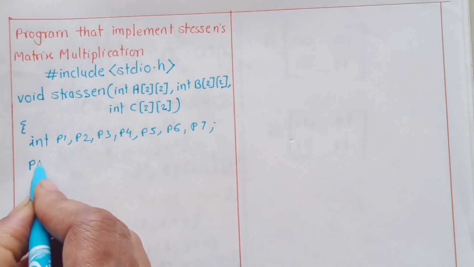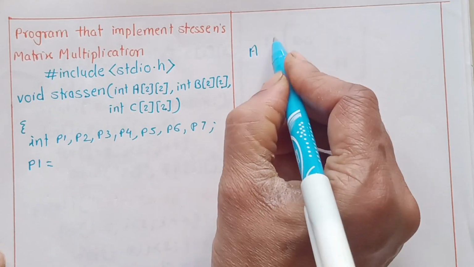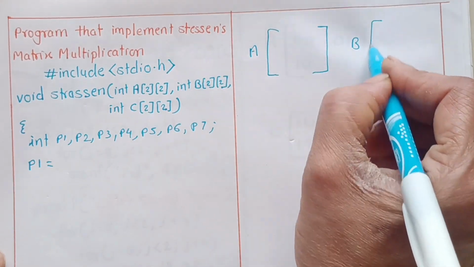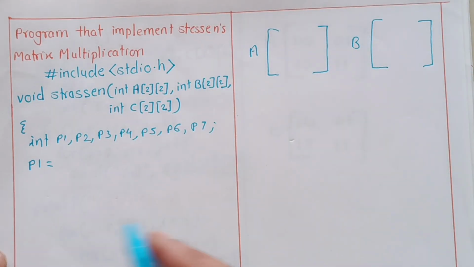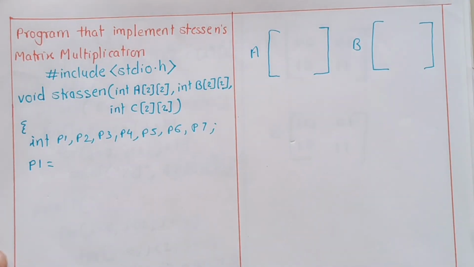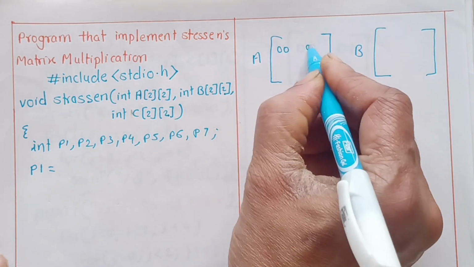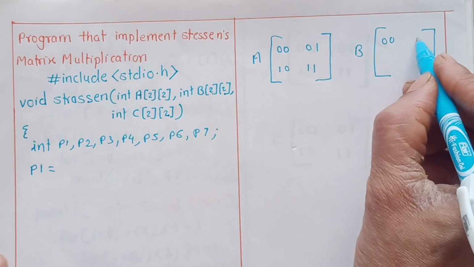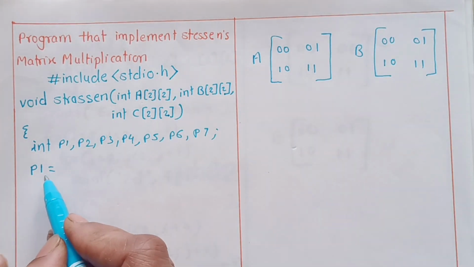So for P1 we are using one formula here. You can see this is the A matrix and this one is the B matrix. Okay. So this is A 0 0, 0 1, 1 0, 1 1. In the same way B matrix is 0 0, 0 1, 1 0 and 1 1. So in the P1 formula what you have to do?